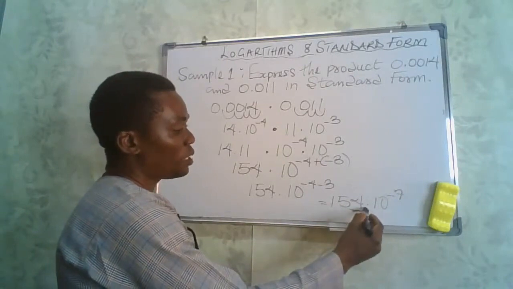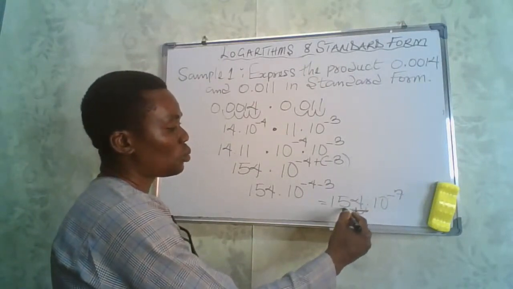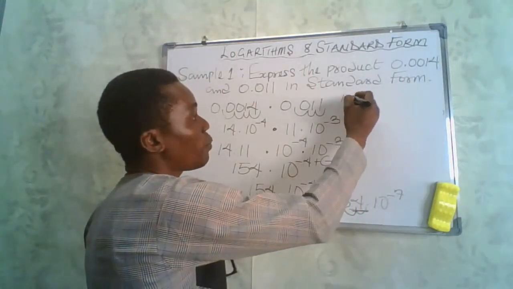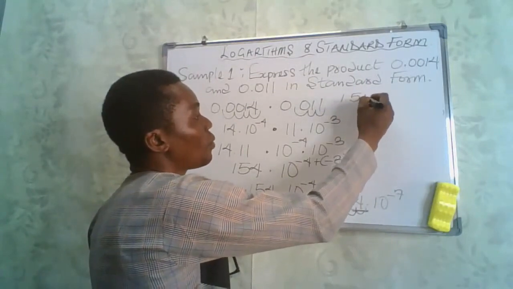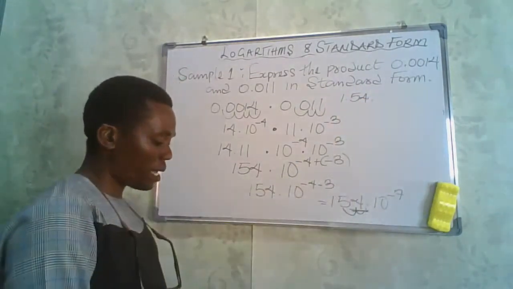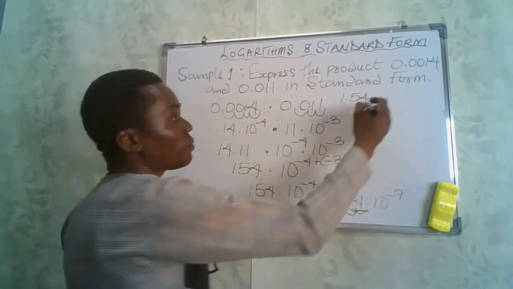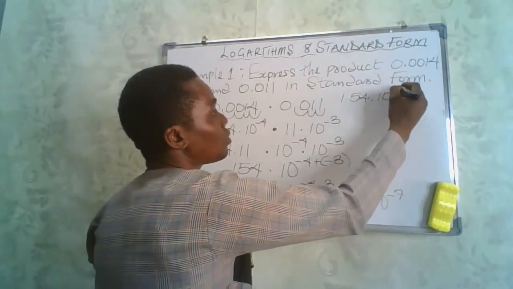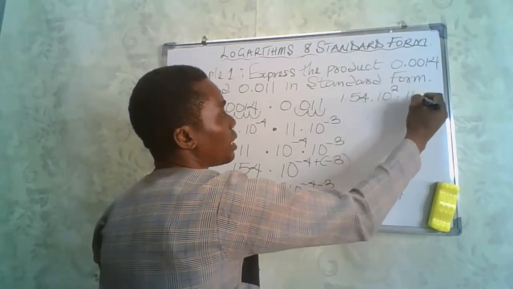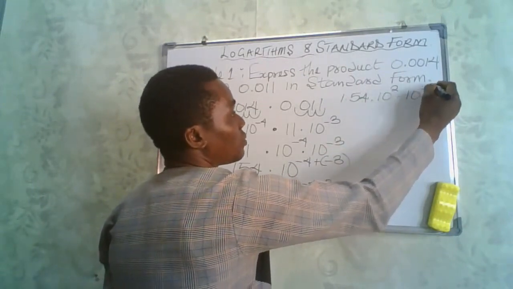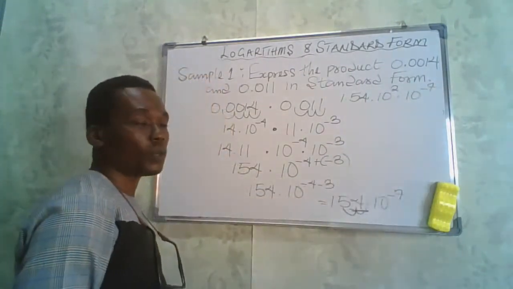So if we move this point one and what, two places, this will now give us 1.54 multiplied by, because we moved it two places from the right to the left, 10 to the power of 2, multiplied by 10 to the power of negative 7, right?